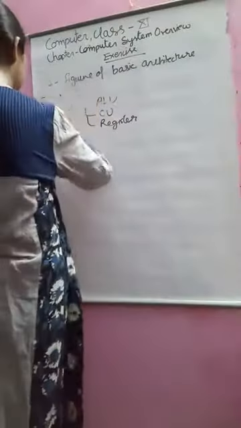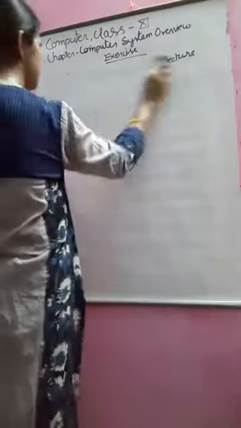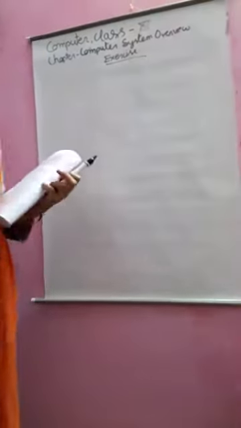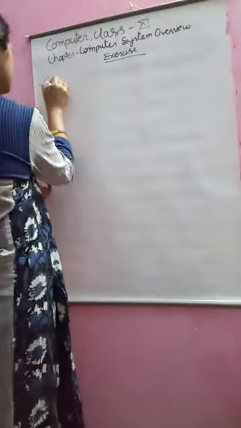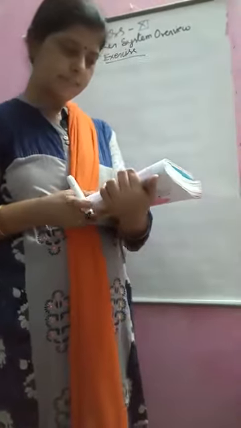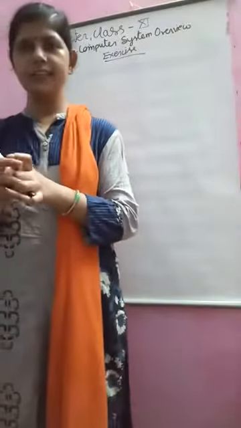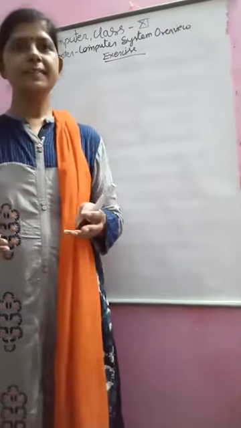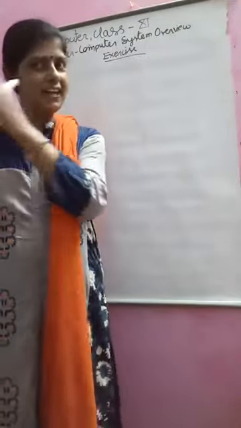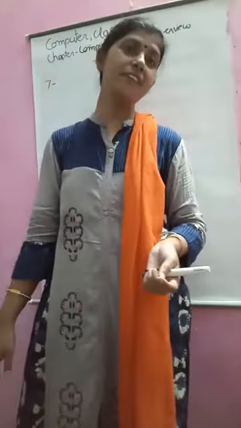Now question number 7. Function of output unit in a computer system? Give example of some output devices. Function of the output unit. The output unit receives the data in machine format, converts it to the user understandable format, so the user can understand what the data is.